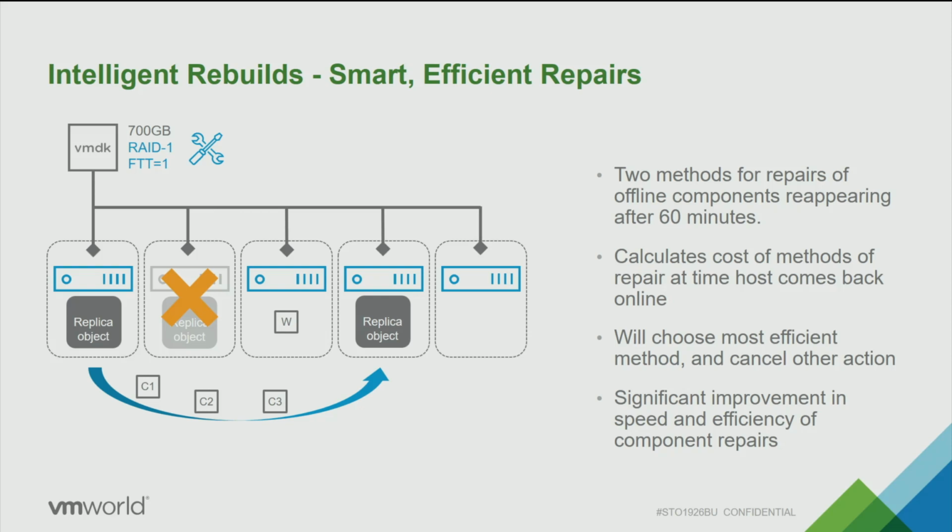There was another improvement here in terms of rebuilds, and this introduced a new method in which the repair process is going to evaluate how it can rebuild. So under a normal failure of any sort, let's say a host failure in this example, after a 60-minute timeout window, it's going to look for a location in which it can rebuild that object in order to meet the initial compliance for that object.